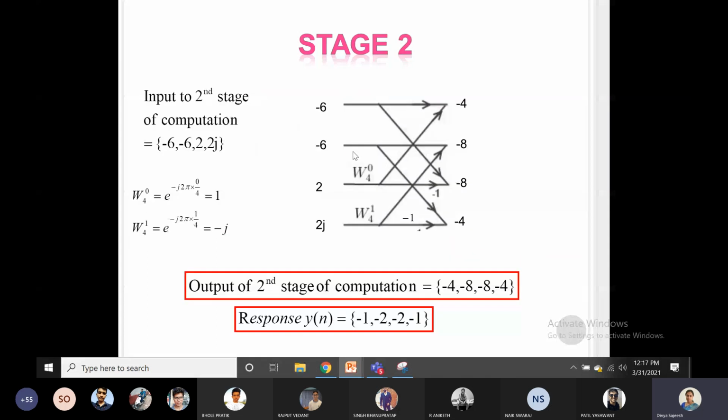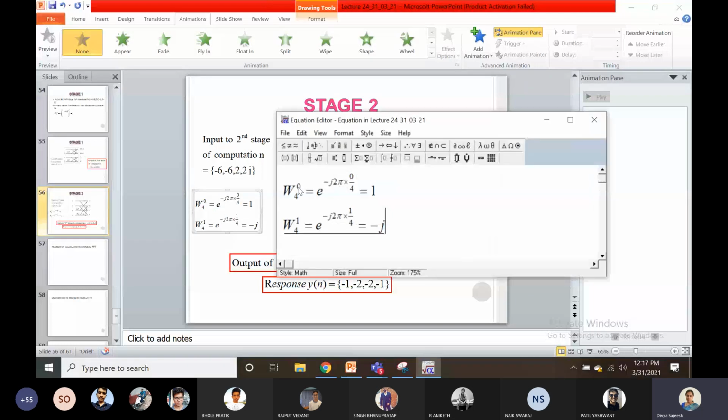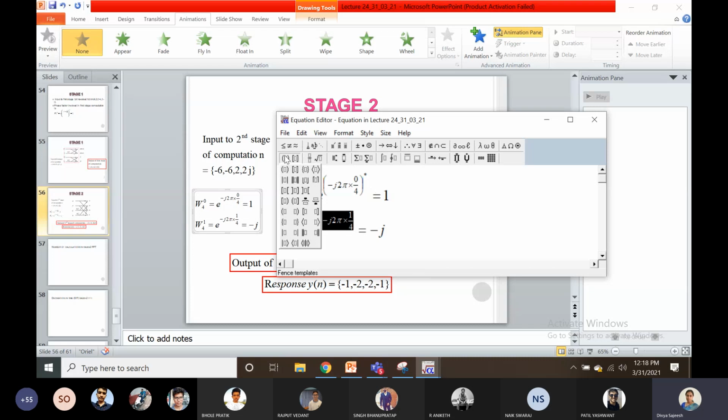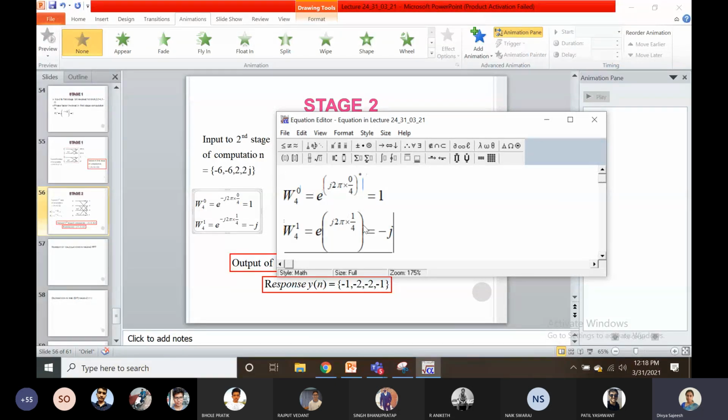Now coming to the second stage, we have to calculate the phase factor, that is W4 raised to 0, which is equal to 1, and the conjugate of the other will give you plus j.